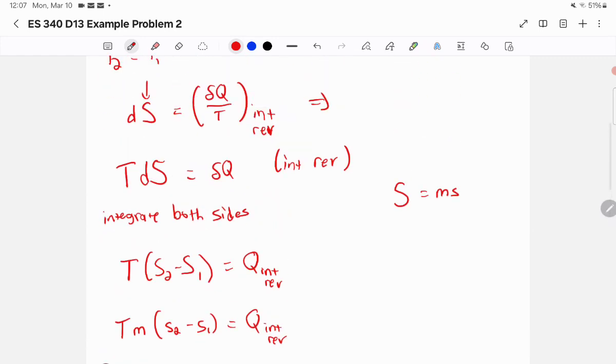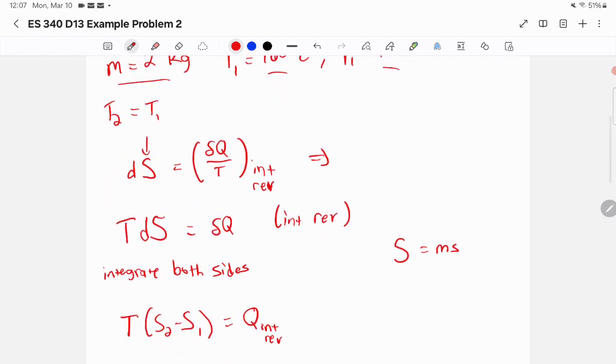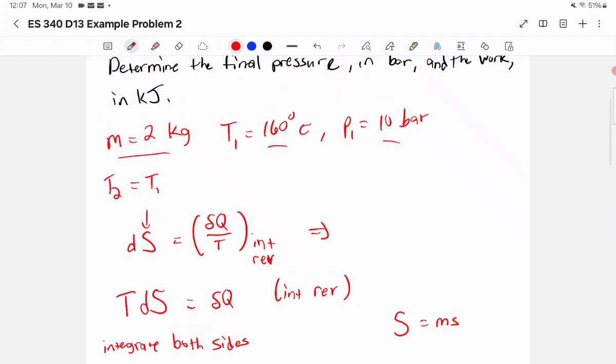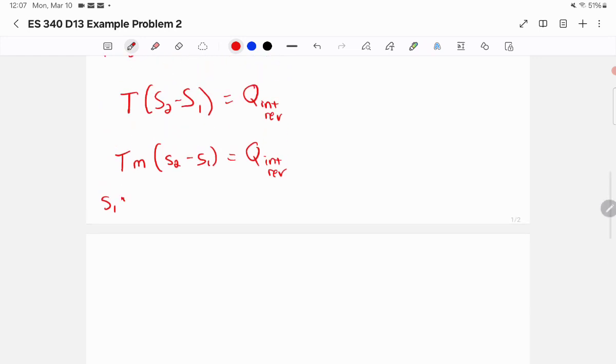If you look at 160 Celsius and a pressure of 10 bars, going to table A-2, what you'll find is that this is in the compressed region. And so because it's in the compressed region, we'll say that s1 is approximately equal to the sf value at T equal to 160 degrees Celsius.